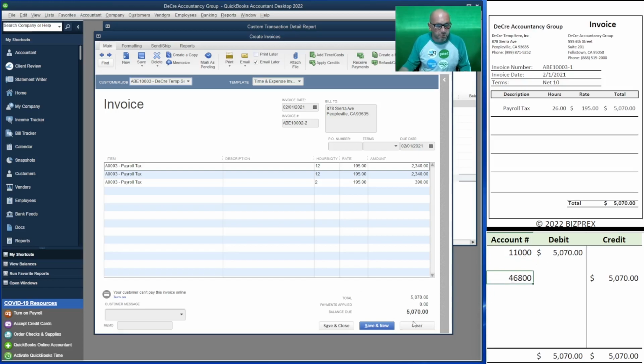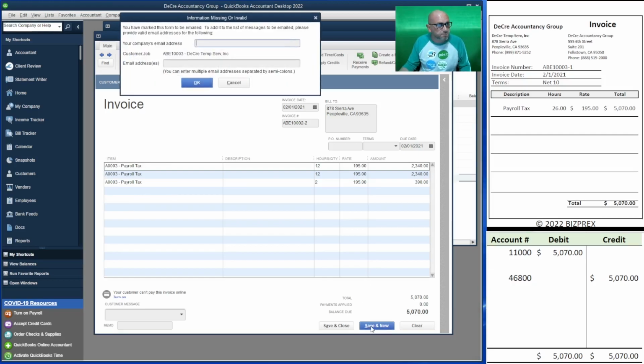So again, this amount right here is a debit to account 11,000, and the distribution of this technically, because this drives that distribution, is a credit to account 46,800. All right, saving new.